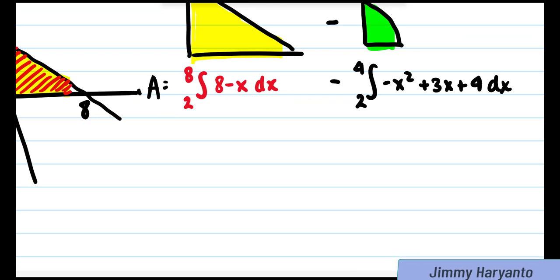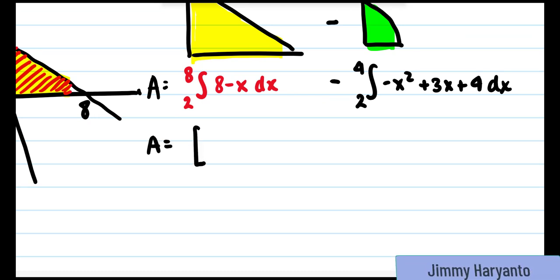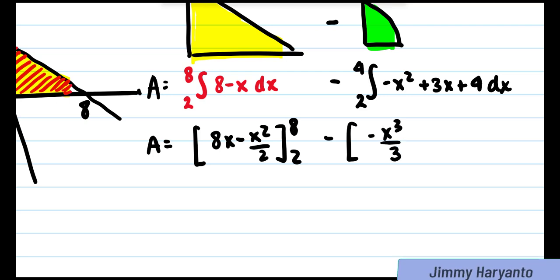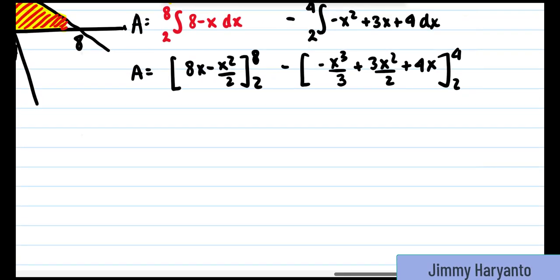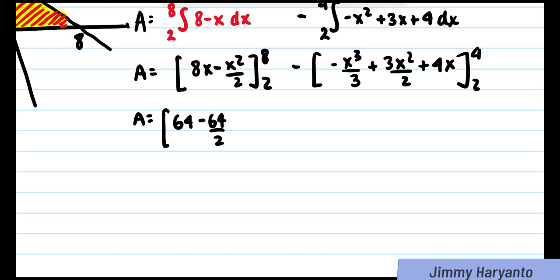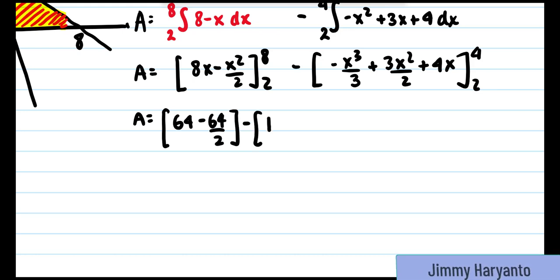Okay, let's calculate this. So the area will be that one. Area equals, this one will be 8x minus x squared over 2, from 2 to 8. This one will be negative x cubed over 3 plus 3x squared over 2 plus 4x, from 2 to 4. Okay, and then we calculate them one by one. For this one, you put the 8: 64 minus 64 over 2, minus 8 with the 2: 16 minus 4 over 2.